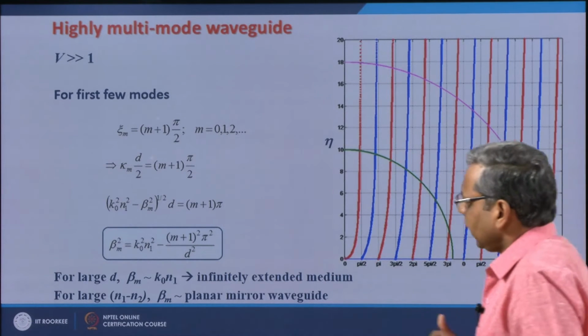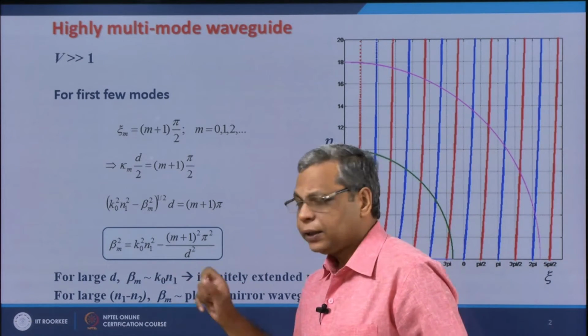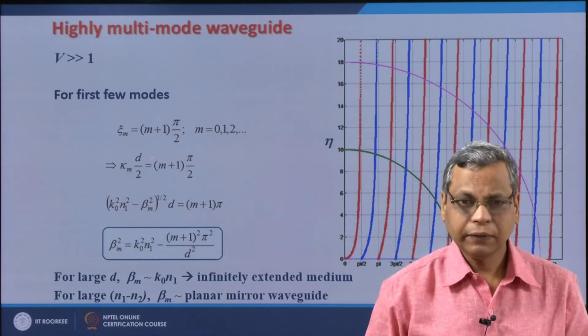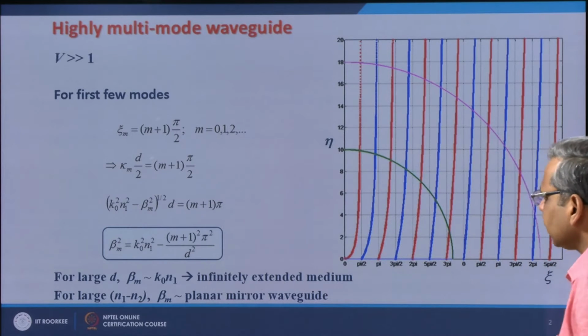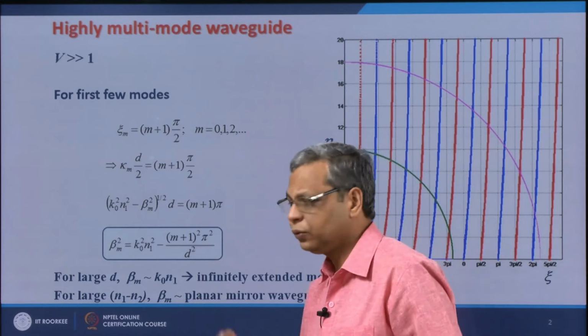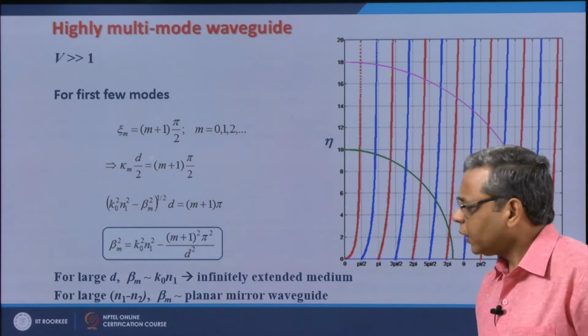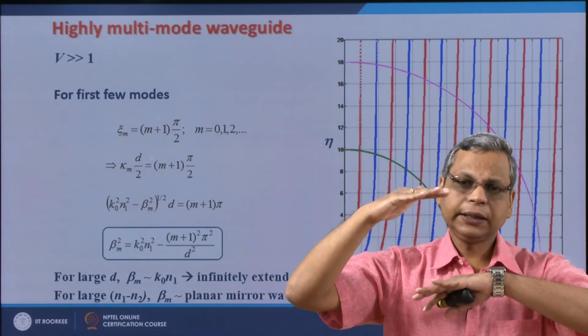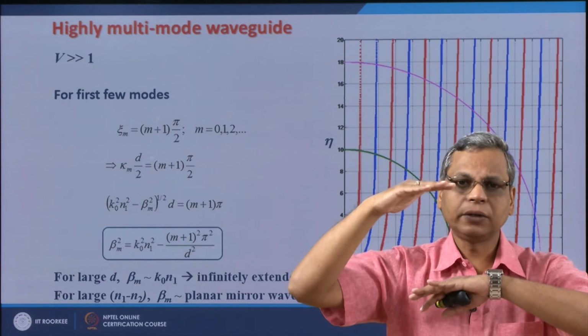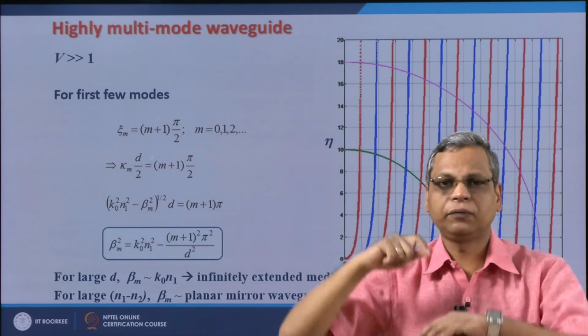Now, if I obtain the large value of V by having very large index contrast, that is very large difference between n 1 and n 2, then there is a huge index contrast, and this very large index contrast will give very high reflection.